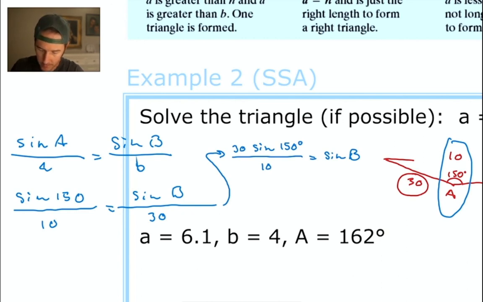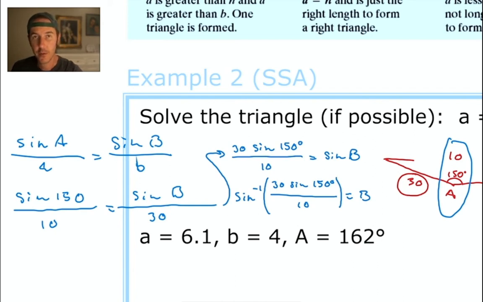It's going to look a little messy, but this is, I think, what has to be done. We're taking the inverse sine of 30 sine 150 degrees, all divided by 10, and that's equal to angle B.